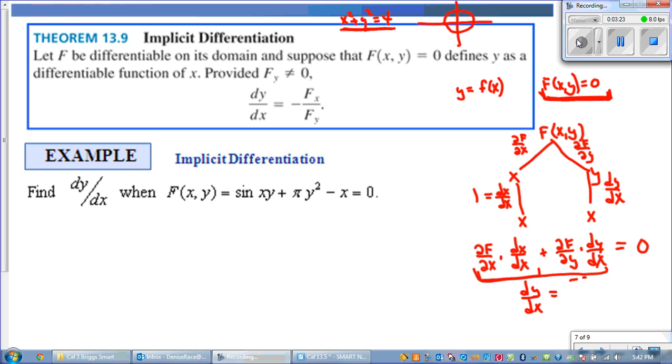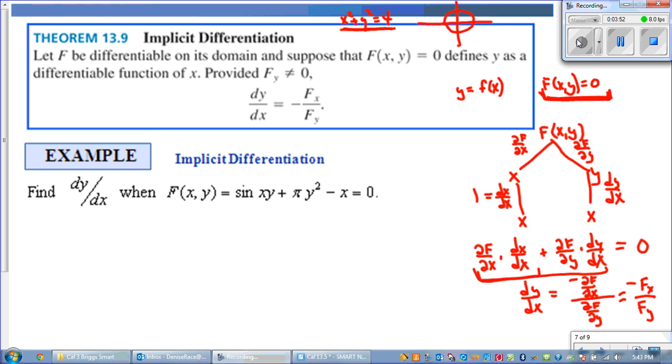You have a negative, the partial of f with respect to x, over the partial of f with respect to y. Now we can write that in another notation as negative the partial of f with respect to x using the subscripted notation over the partial of f with respect to y.